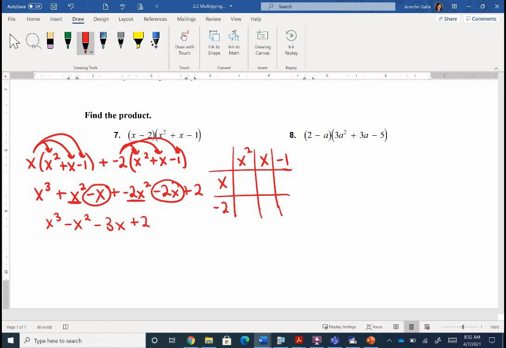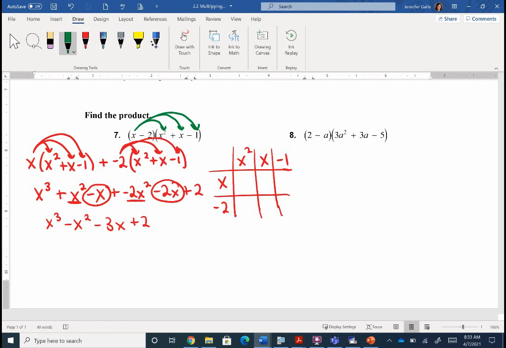And if you liked the FOIL method, we can't use FOIL here because, as you can see, we ended up with 1, 2, 3, 4, 5, 6 terms after we multiplied. So FOIL runs out after 4 terms. But if you want to, you can show yourself without splitting it apart. You can show yourself distributing that x to the trinomial.